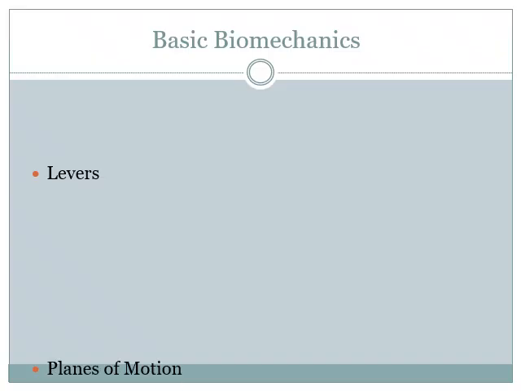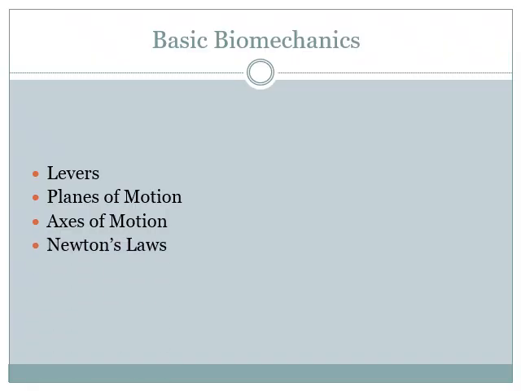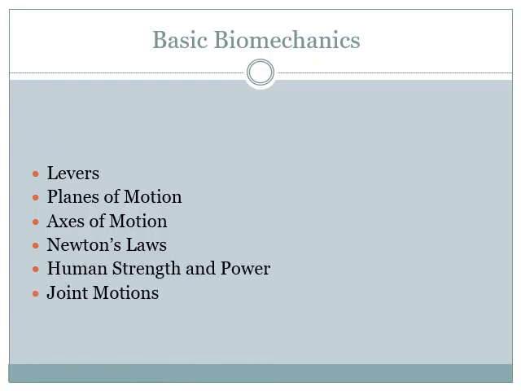We're going to look at the planes of motion and the axes of motion, and discuss those again just briefly. We're going to work with them a little bit more in class. Newton's laws we're also going to look at, in addition to human strength and power, and joint motions in general.